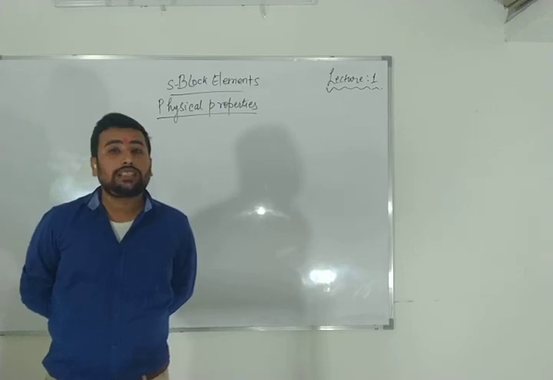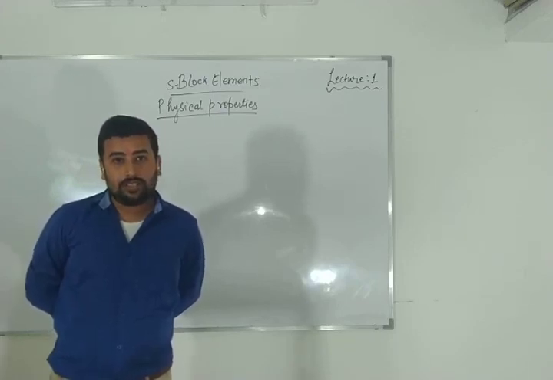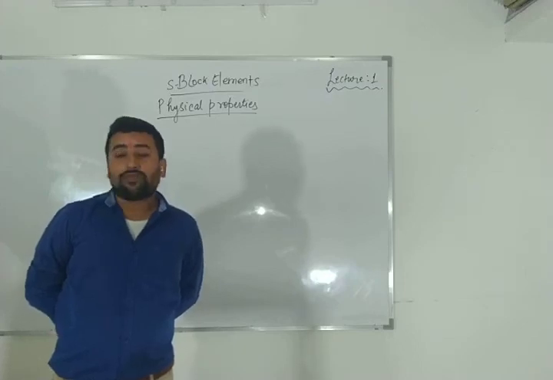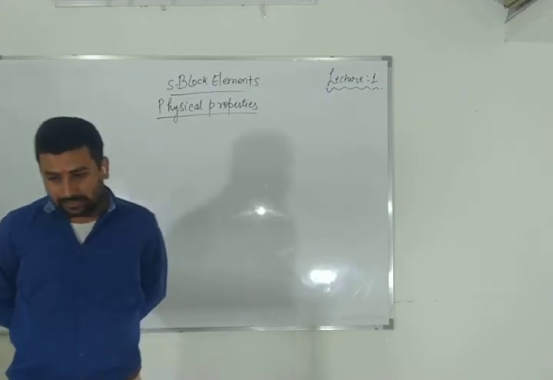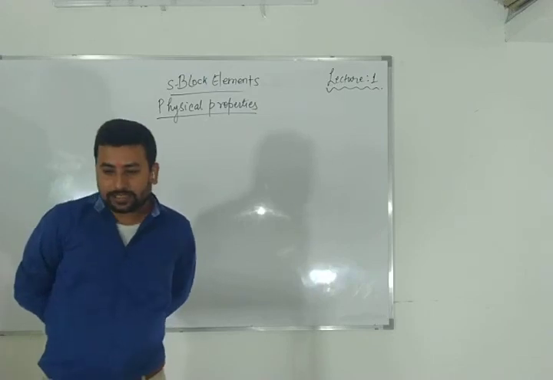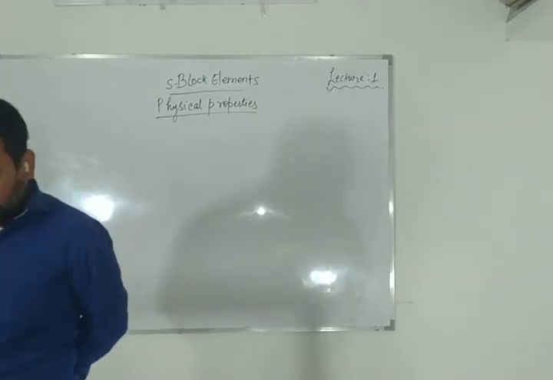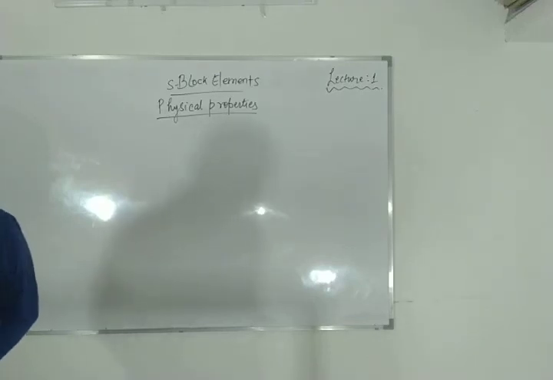Especially these all are things of practical chemistry, practical S block element. You can say that flame test or element test. Means it will be confirmed by the colors. If I talk about the lithium, that is crimson red. If I talk about the sodium, yellow, potassium, violet, rubidium, red violet, cesium, blue.